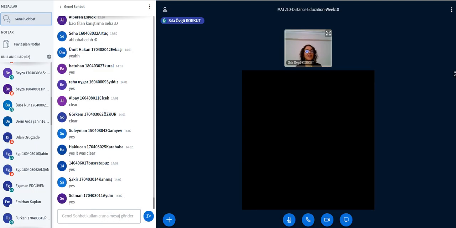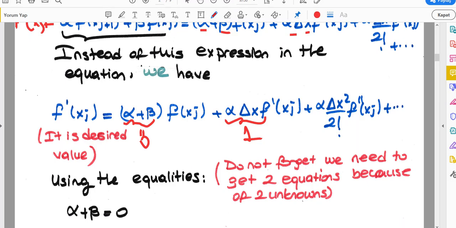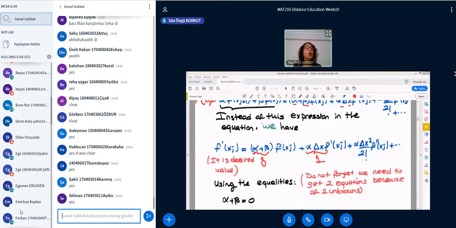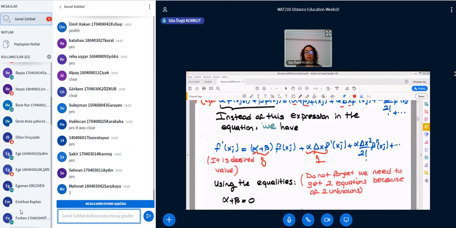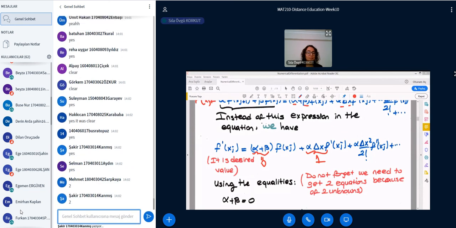Now I'm adding extra questions, like the video question. How many equations do we have to solve this expression with two unknowns? I wrote them actually. Yes, two equations. So two equations with two unknowns matching each other means we can get a unique solution by linear algebra, as you know.